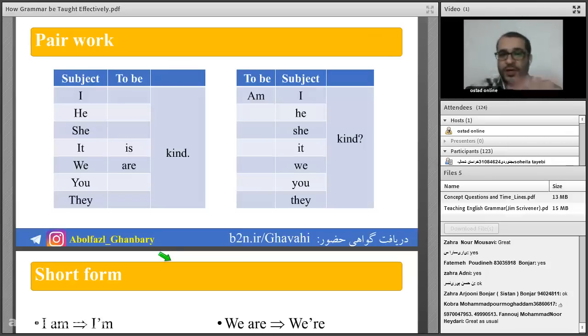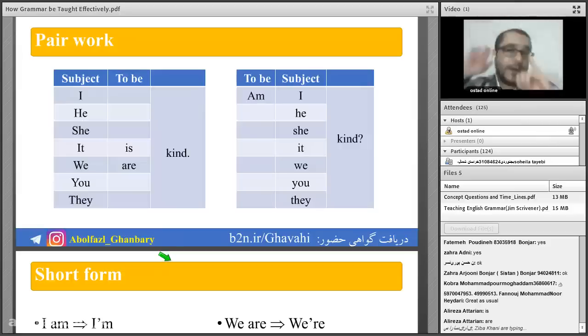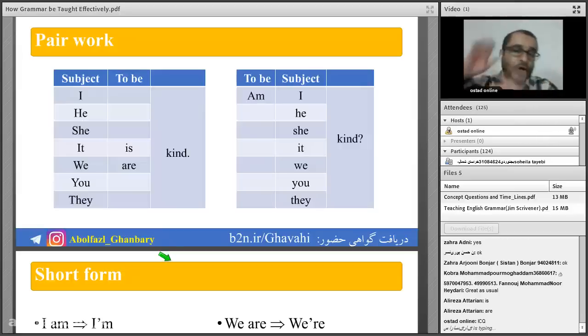Work in pair and fill out the table. Okay? What should we do? We should write what? We should write am, is or are.